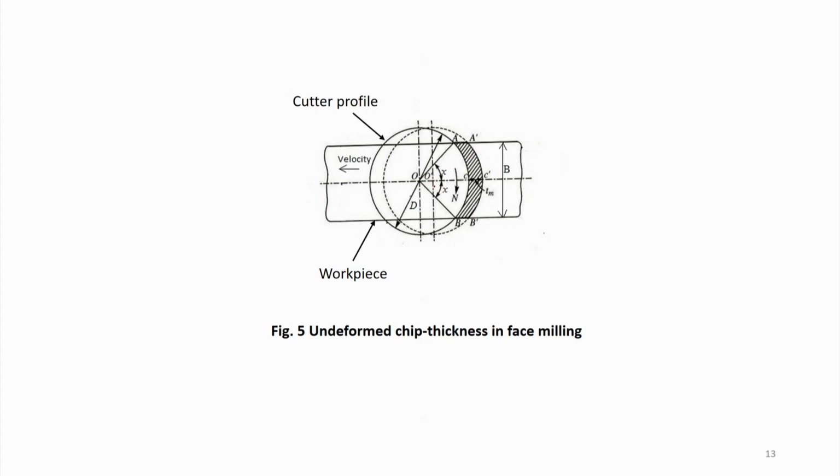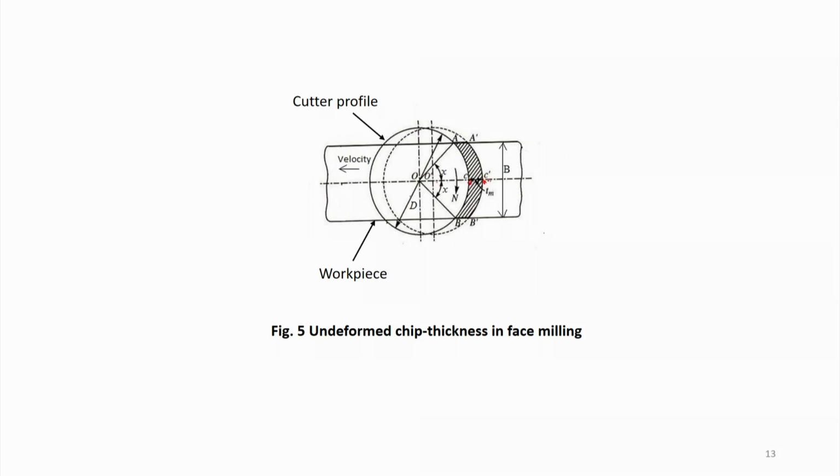Now undeformed chip thickness in face milling will go like this. In face milling, suppose the cutter center is in position O, and then it has come to position O prime. In that case, this one is the material removed.